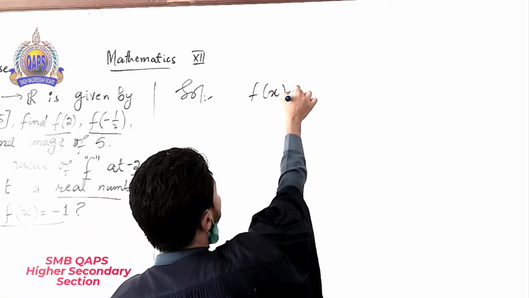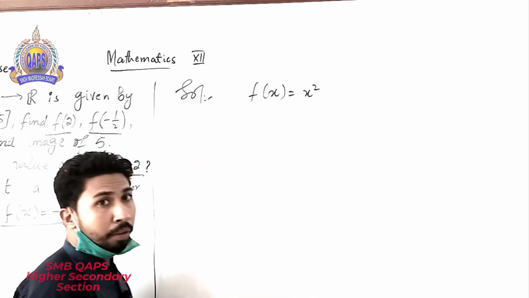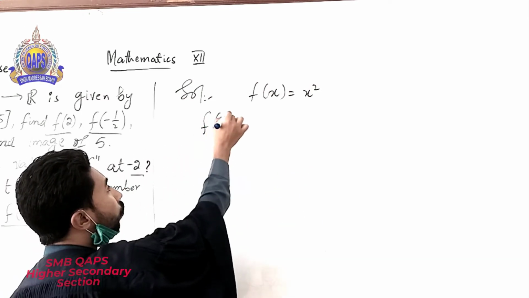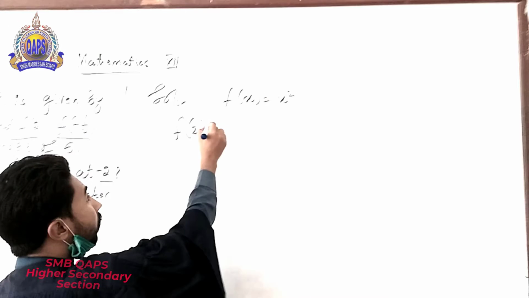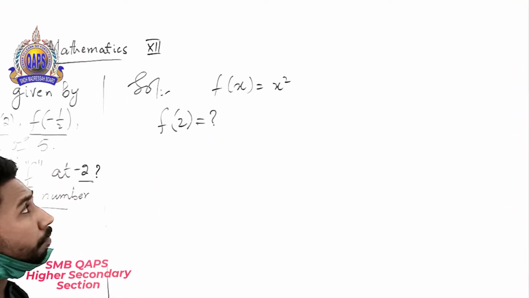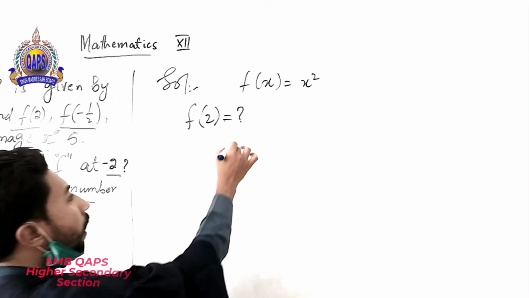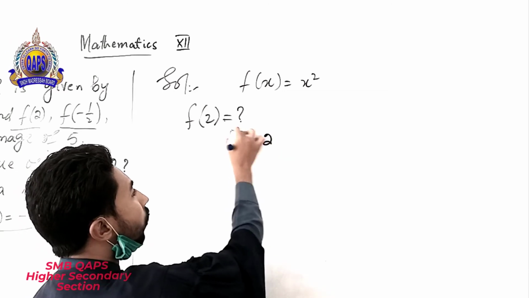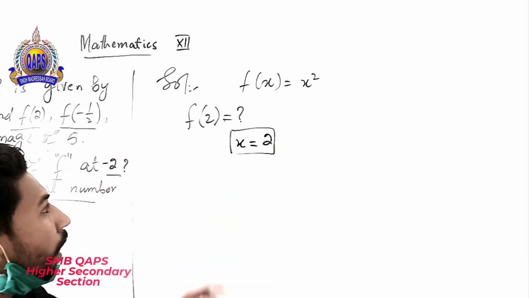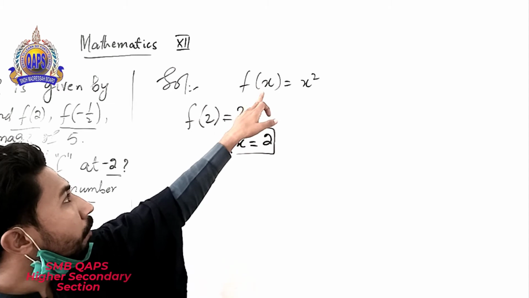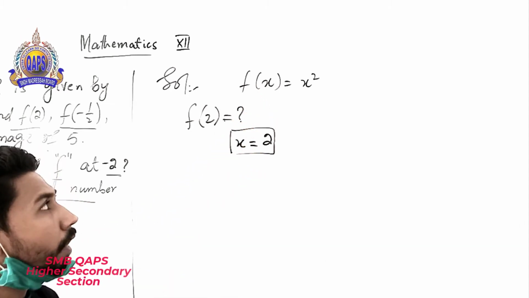Here f of x is equal to x squared. The first point is f of 2. Here x contains the value 2. Now when we put x equal to 2 in the function, what will be the outcome?